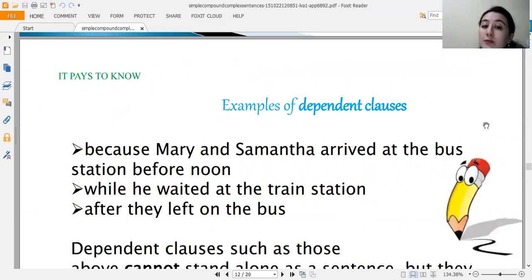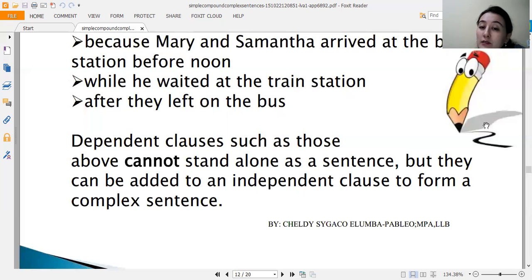Because Mary and Samantha arrived at the bus station before noon, or while he waited at the train station, or after they left on the bus: dependent clauses such as those cannot stand alone as a sentence. It makes no sense. It is obvious that this is a part of a sentence.